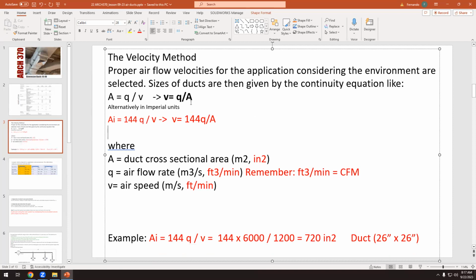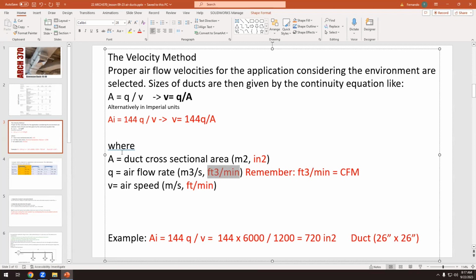In the international units, it's meter per second. So we have meters per second in international units, feet per minute here. And the airflow rate is cubic feet per minute. This is what CFM stands for.